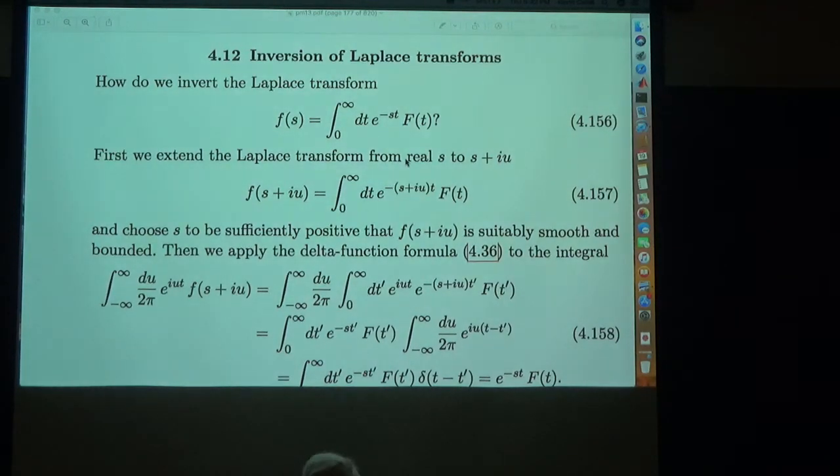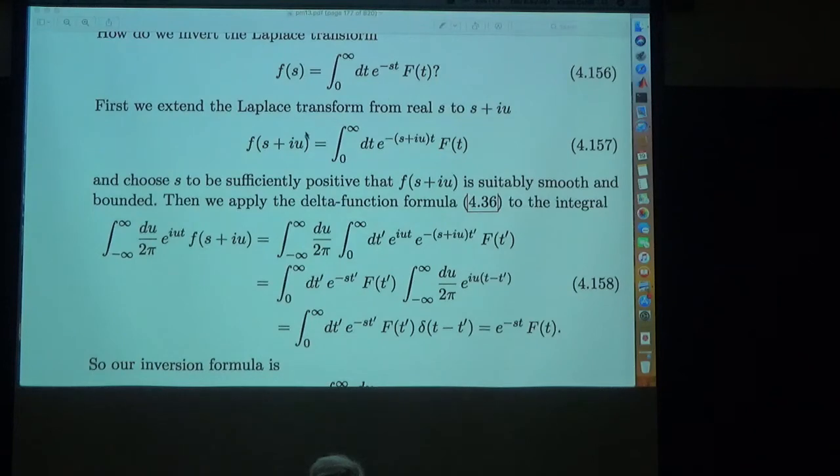So we're going to invert a Laplace transform. Now this is a little bit of unusual mathematics, but it's perfectly straightforward in terms of the Fourier transform. As I said, with the Fourier transform and Dirac's delta function, you can almost do anything. And so here, what we're going to do is generalize the Laplace transform to a complex variable. So instead of s, we have s plus iu.